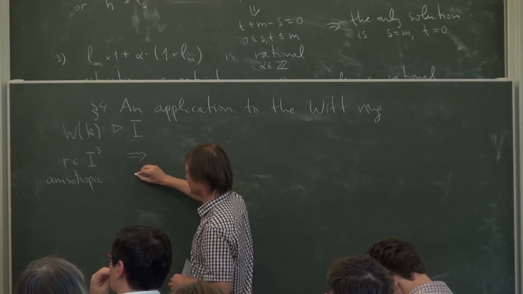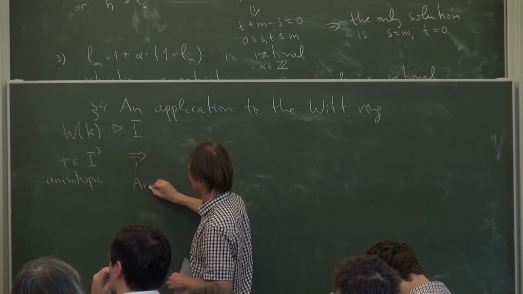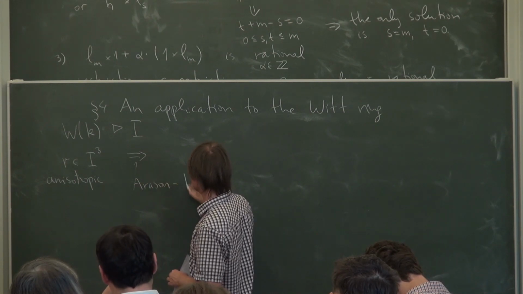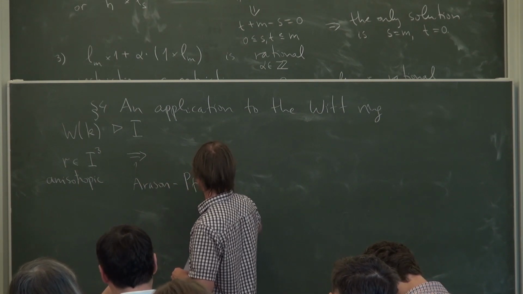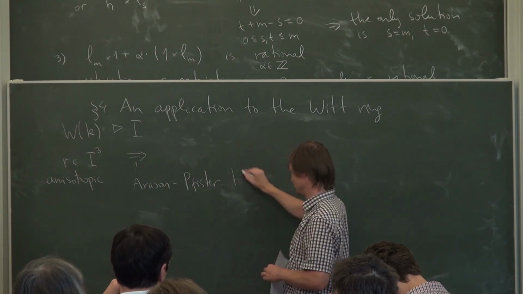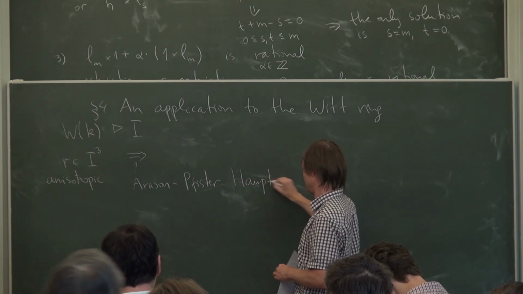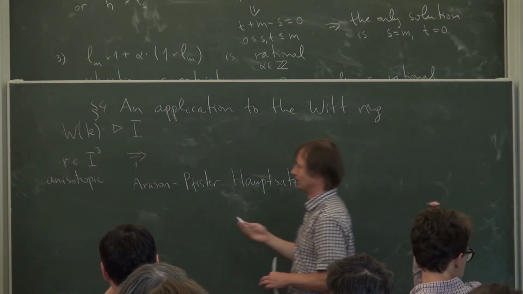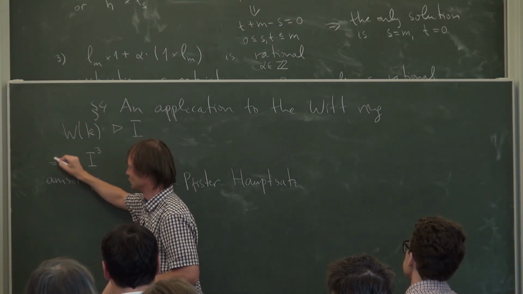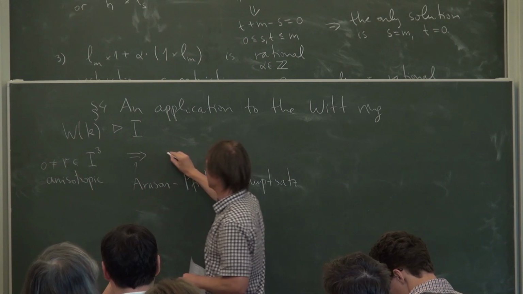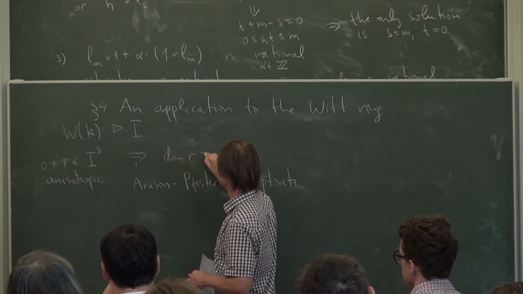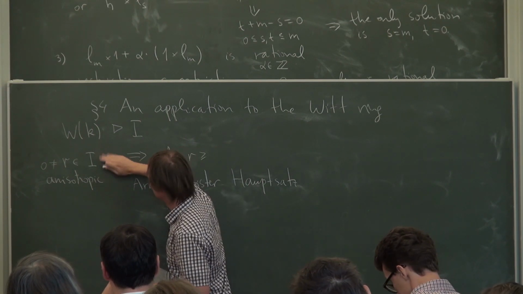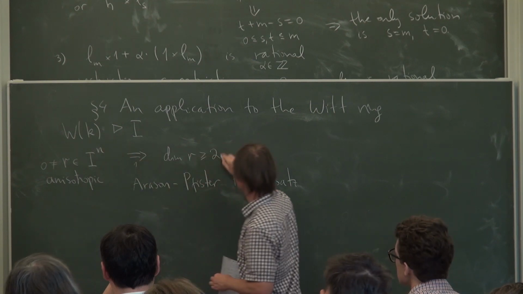Well, there is a classical result of Arason-Pfister, the Arason-Pfister Hauptsatz, which tells you that, of course I don't want to take 0, the dimension of the form is at least 2 to the power n.